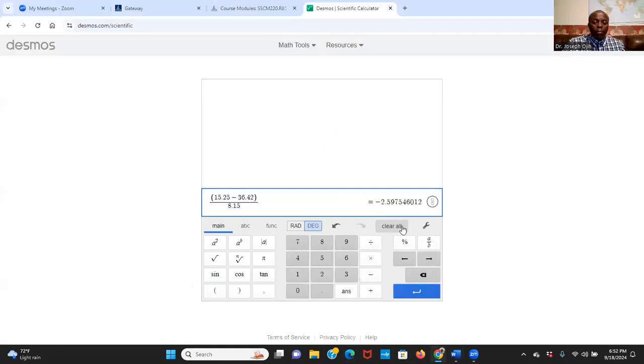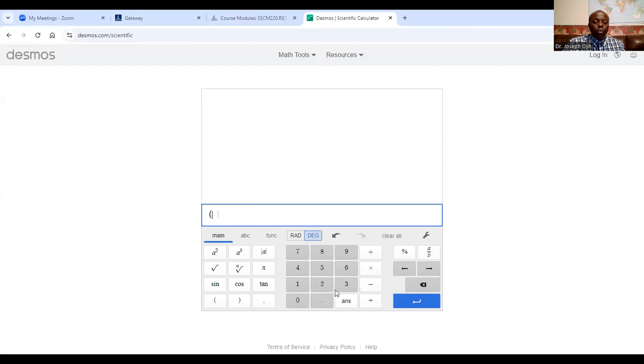So let's put this in the calculator. 1 minus 1 over 2.6 squared, times 100 gives us 85.2%.